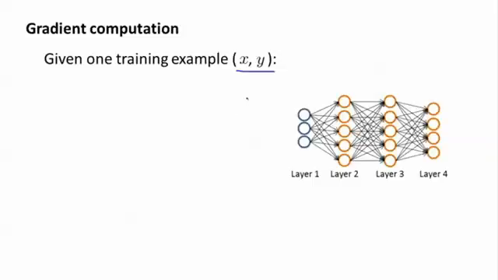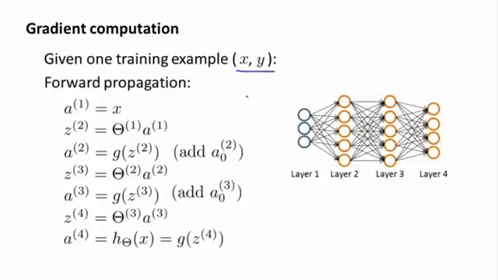The first thing we do is we apply forward propagation in order to compute what our hypothesis actually outputs given this input x. Concretely, recall that a1 is the activation values of this first layer, that is the input layer, so we're going to set that to x. And then we're going to compute z2 equals theta1 a1 and a2 equals g, the sigmoid activation function applied to z2.